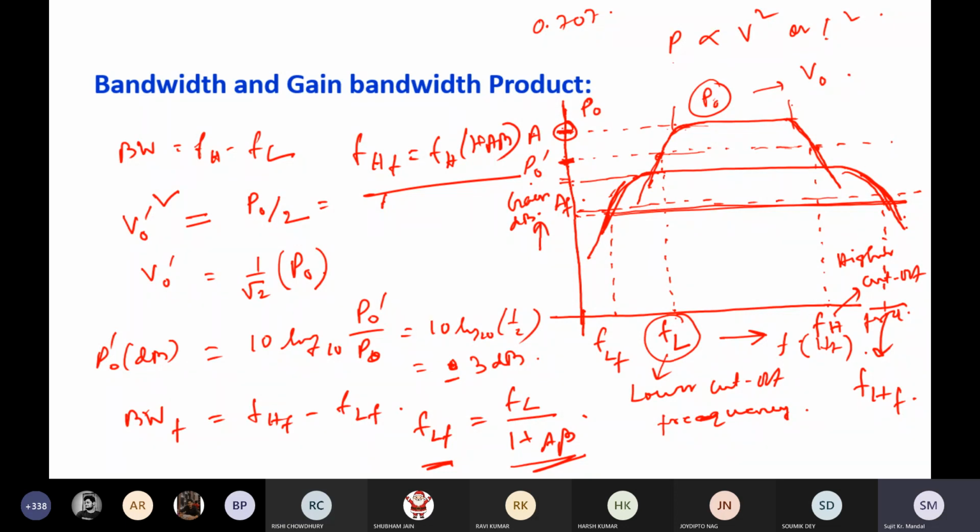Bandwidth means the range of frequency at which the amplifier can be operated without much variation in its characteristics, that is, its input-output relationship. So if you see here, beyond this frequency range, the gain is gradually decreasing.